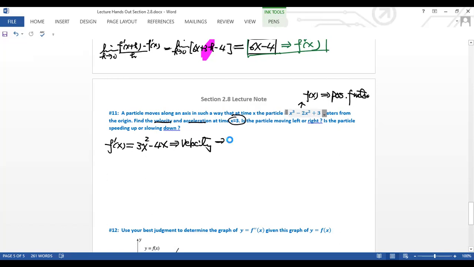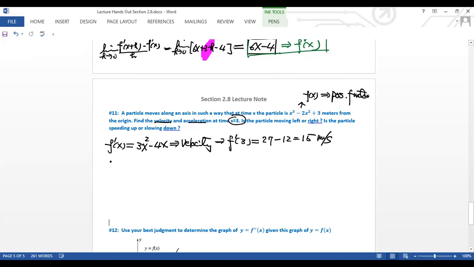Now we said x equals 3, so plugging in 3 gives 27 minus 12, so this is 15, right? So this is 15 meters per second. Let's say this is seconds here.